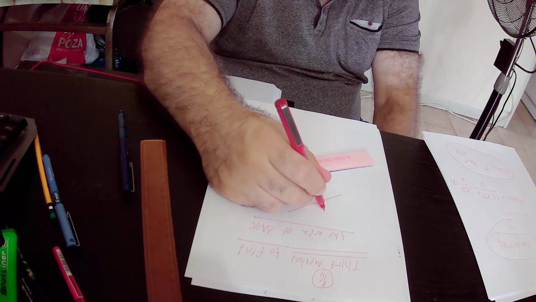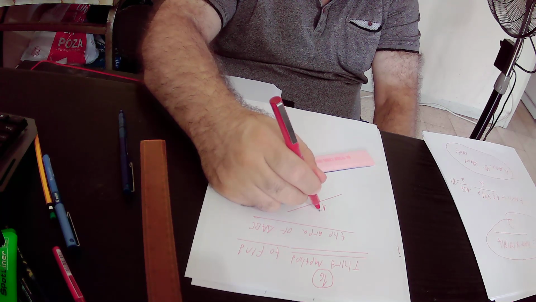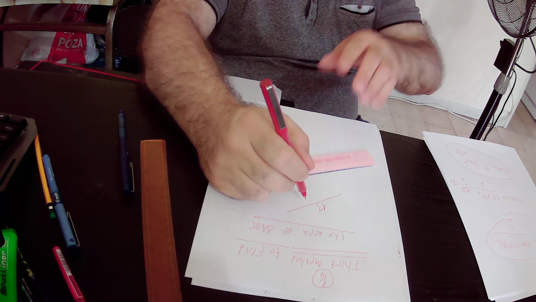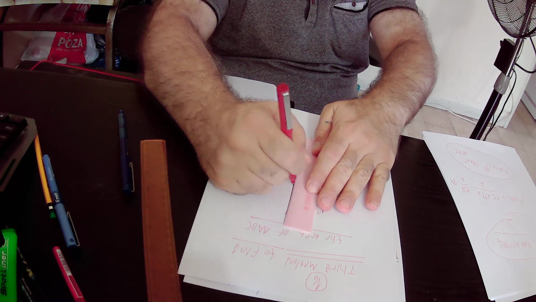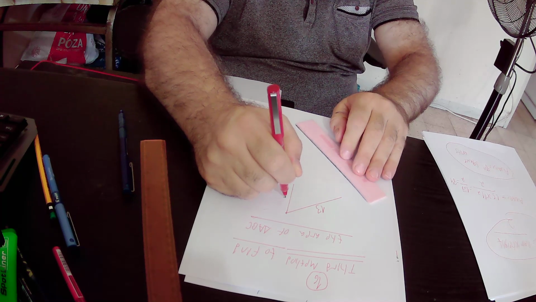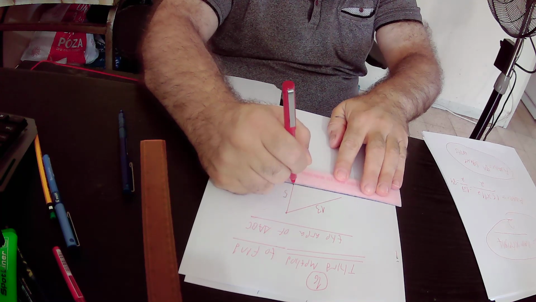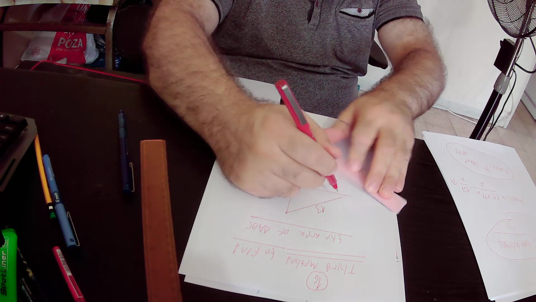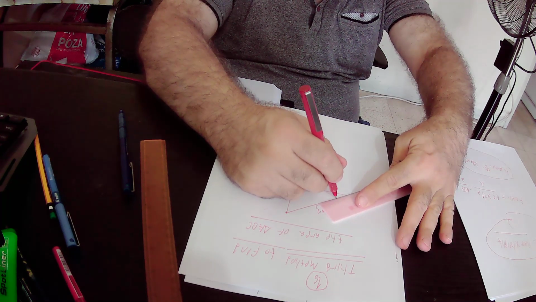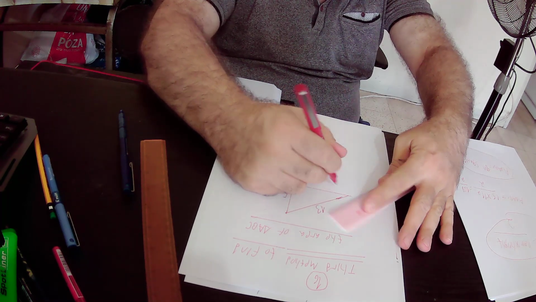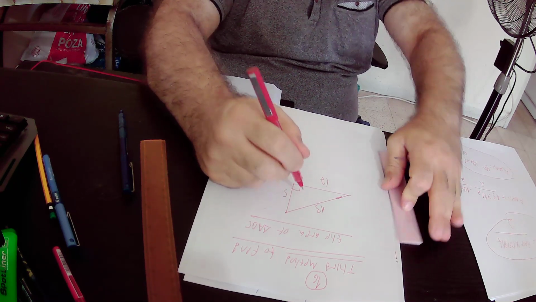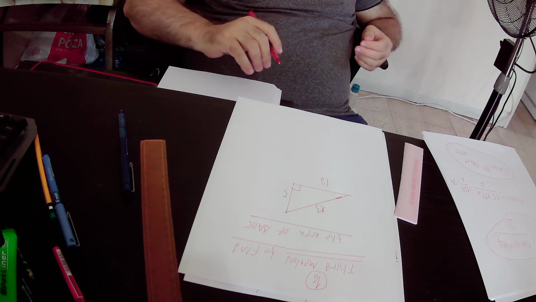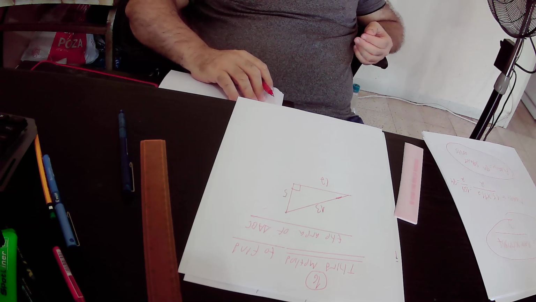The hypotenuse of the right triangle is 14 units. Then we have two sides. This side is 5 units, this side is 12 units, and this is a right angle. So this is the first part of triangle ABC.